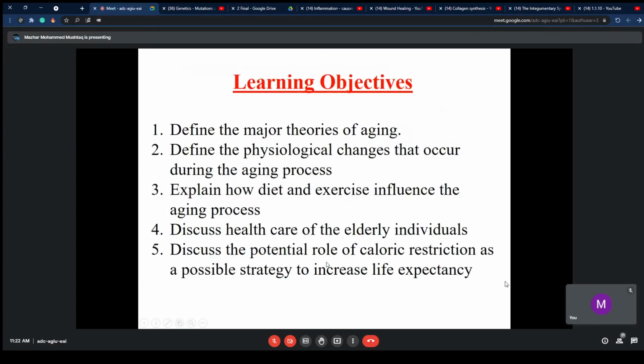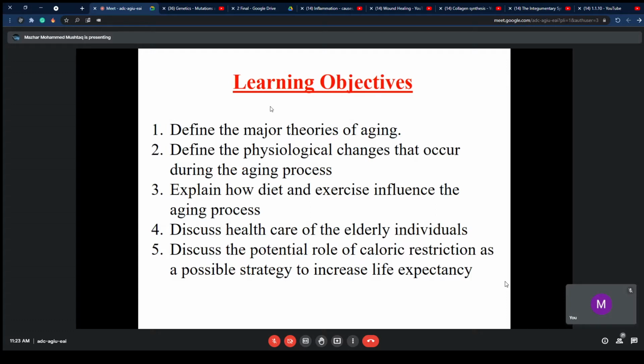Okay, so these are our learning objectives. We will define the major theories of aging, and some of the physiological changes that occur during the aging process, how diet and exercise influence aging, discuss some of the molecular mechanisms, healthcare of elderly individuals, and discuss the potential role of calorie restriction as a possible strategy to increase life expectancy.